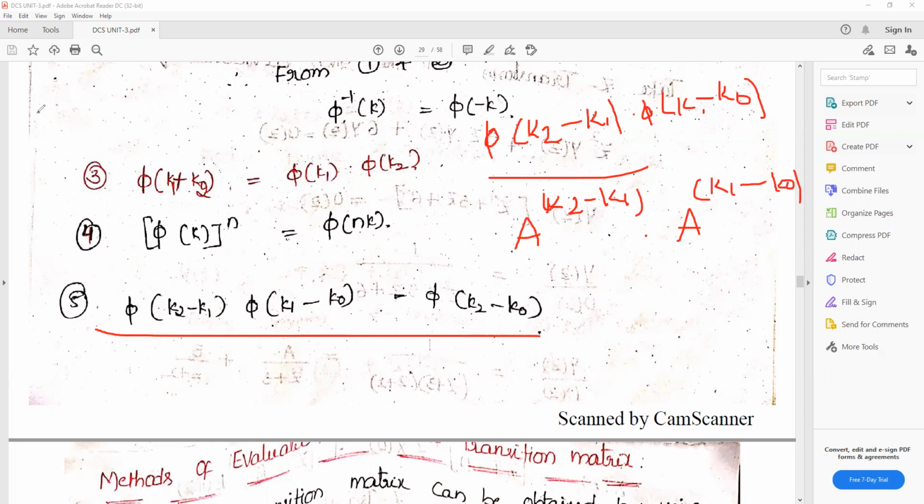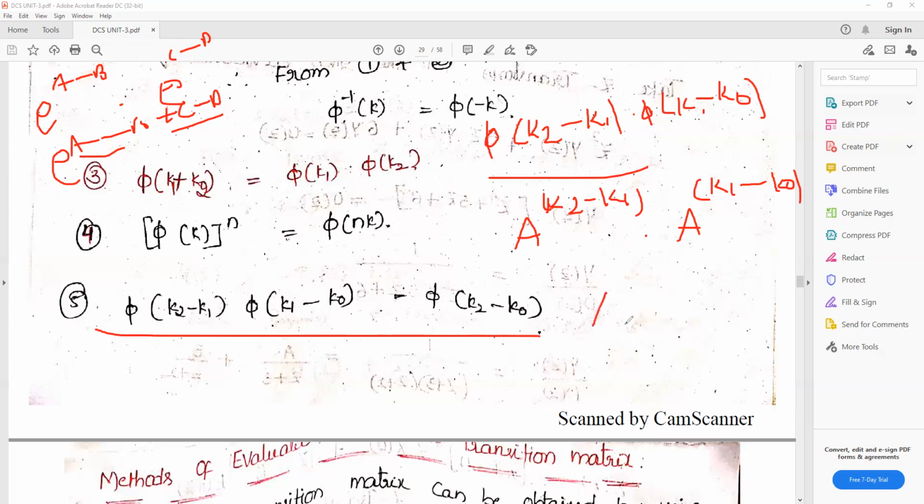So e power a minus b into e power c minus d, suppose. So e power of a minus b plus c minus d. e power a into e power b is e power a plus b. So a minus b plus c minus d.